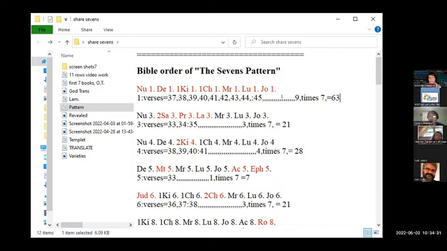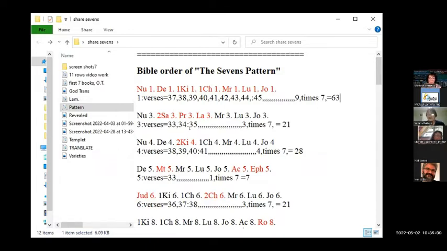So you found the patterns in every book and put them in a category of their own, like Numbers 3, 2 Samuel 3, Proverbs 3 have these same verses, 33, 34, 35. Right, and they're the only 7 books in the Bible that have that chapter with those particular verses.